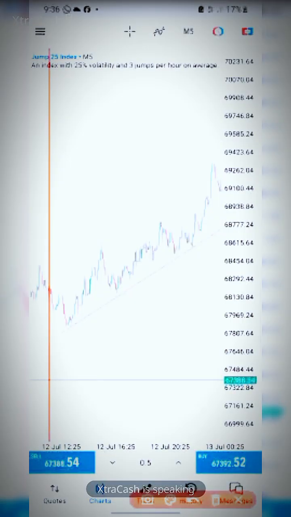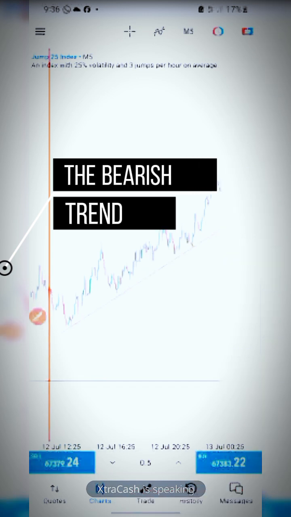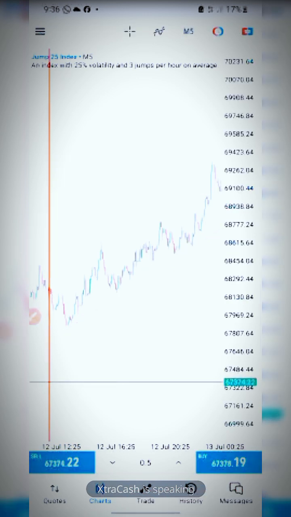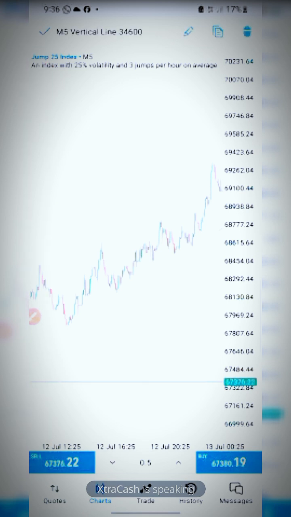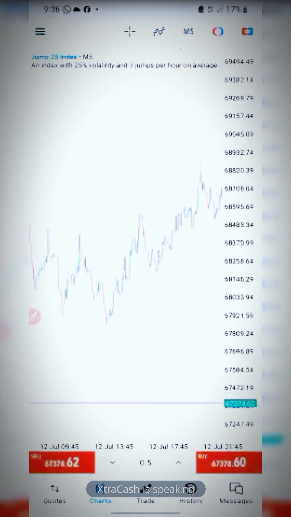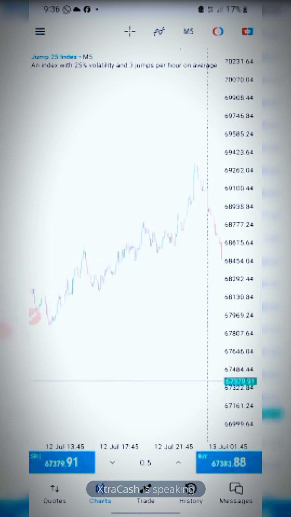Okay, so let's face a bearish trend. Let's look at the bearish trend, how it looks like. Now, as a trader, knowing your bullish direction is necessary. You also need to know how to identify your bearish direction.